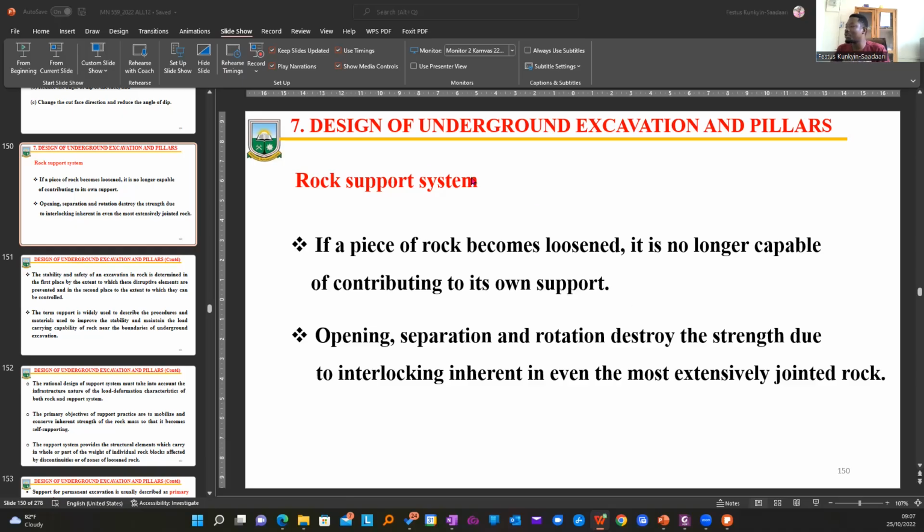And so today we want to look at rock support systems. If a piece of rock becomes loosened, that particular rock is no longer capable of providing its own support.